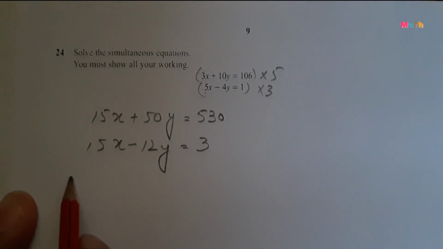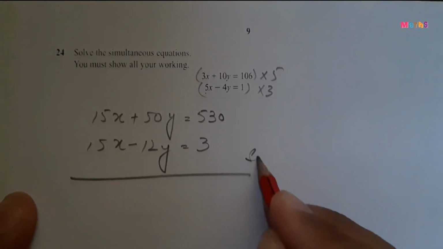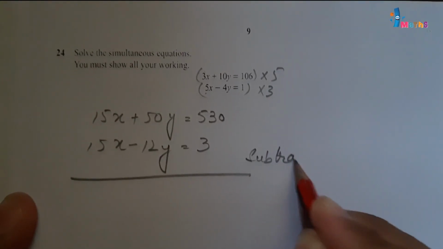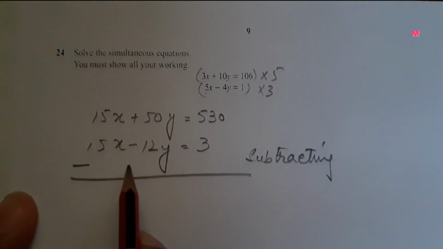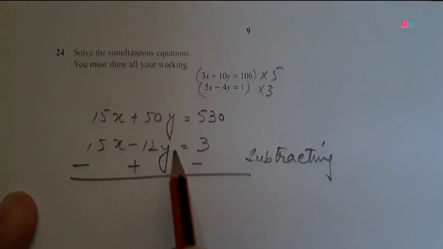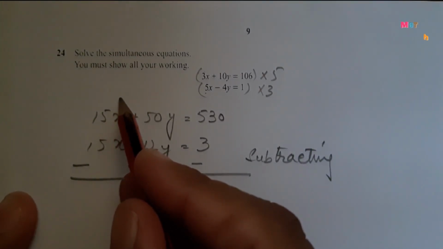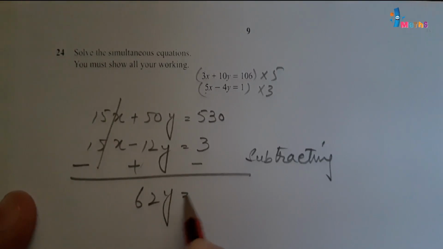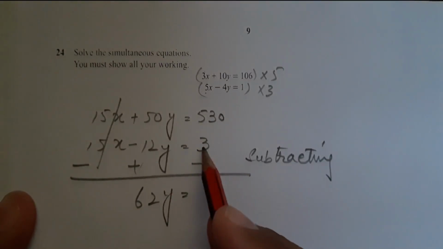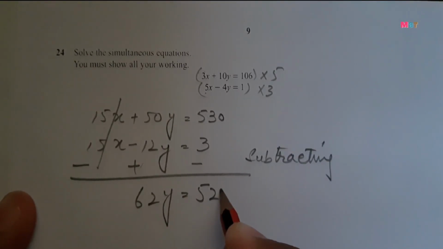Now we can subtract. When we subtract, we have to change signs. After changing signs, the 15x terms will be cancelled. So 50 plus 12 will be 62y is equal to 530 minus 3, which is 527.